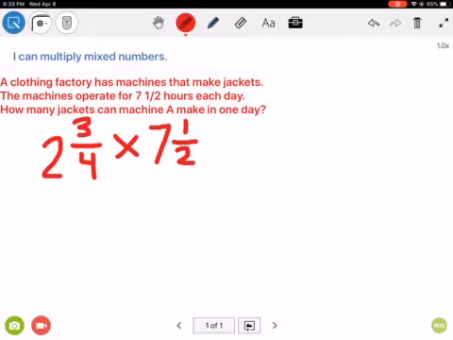So the first way that I'm going to show you how to multiply mixed numbers is that we're going to use the area model to find the partial products. Then we're going to add to find the final product. So I'm going to draw my box for the area model.